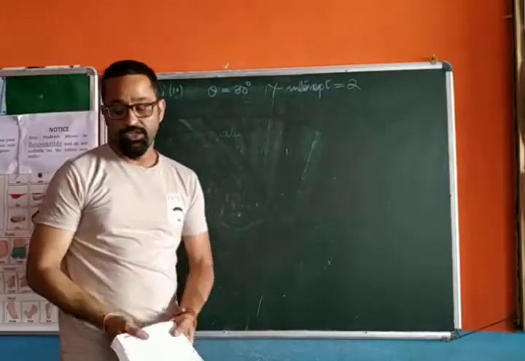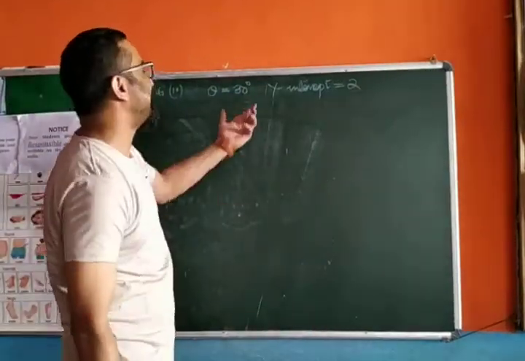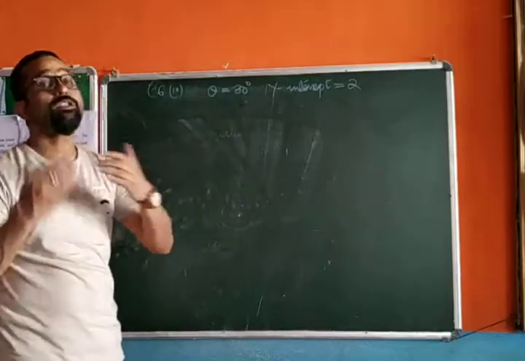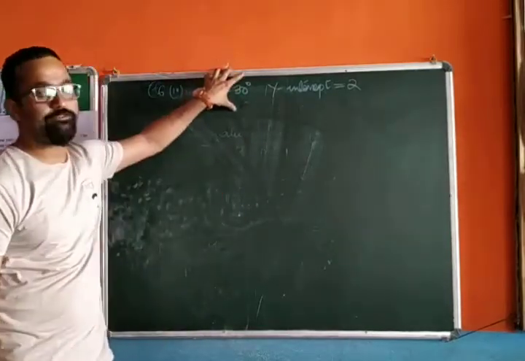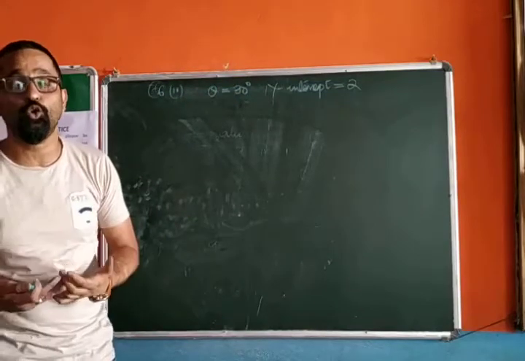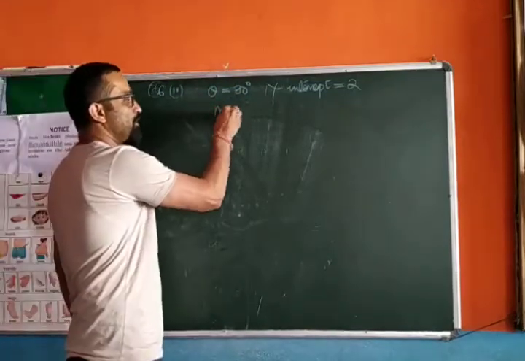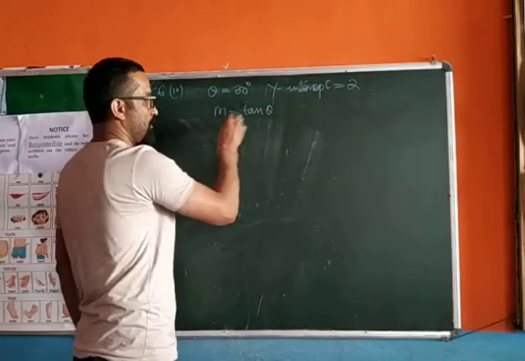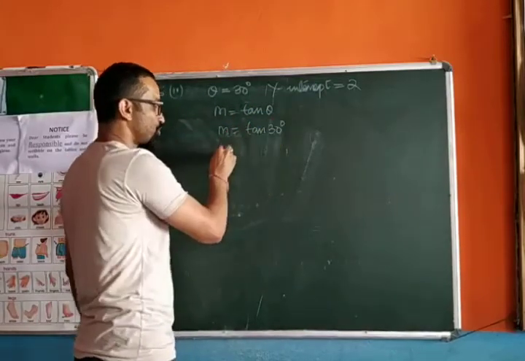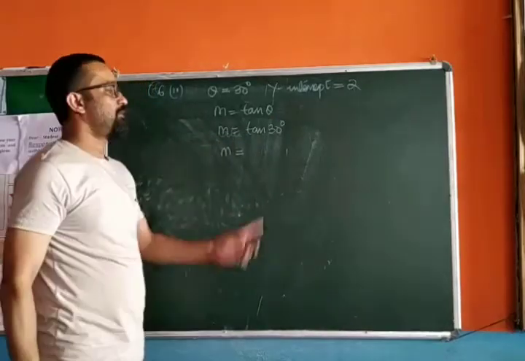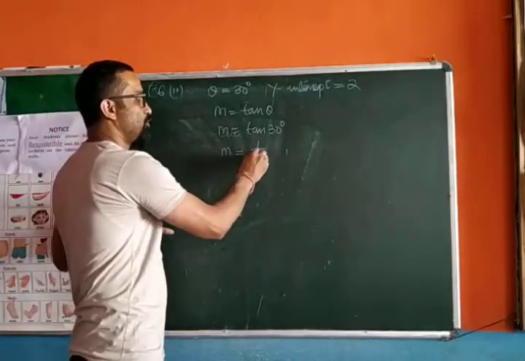You cannot calculate the equation of a straight line using inclination. None of the formulas have inclination. Inclination is given in the question to calculate slope. So m equals tan theta. m equals tan 30. Use trigonometry. Tan 30 is 1 divided by root 3.